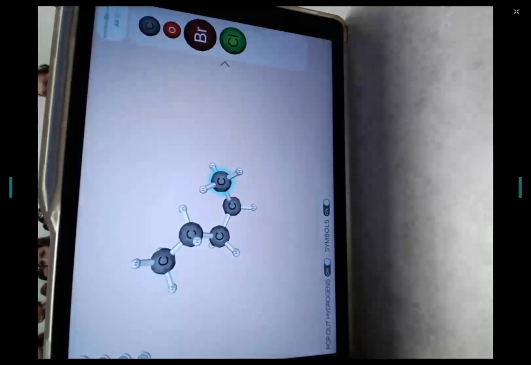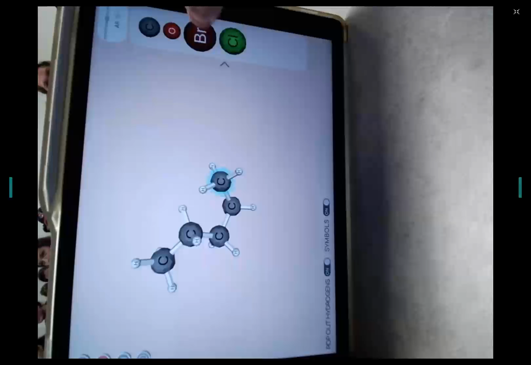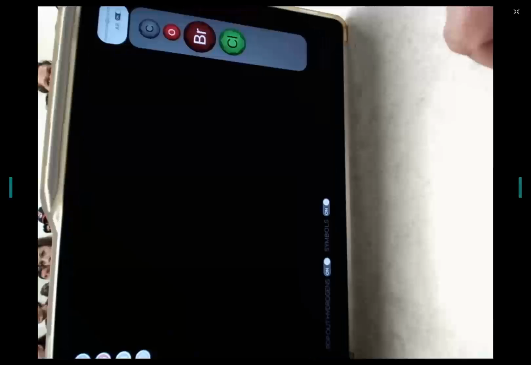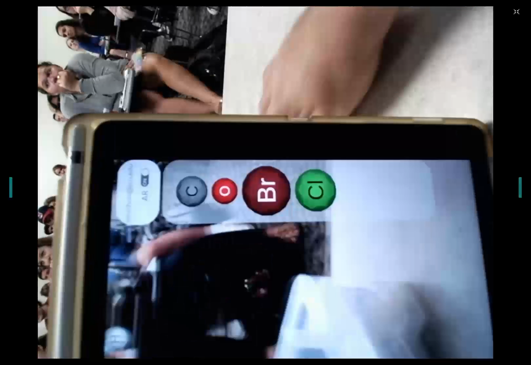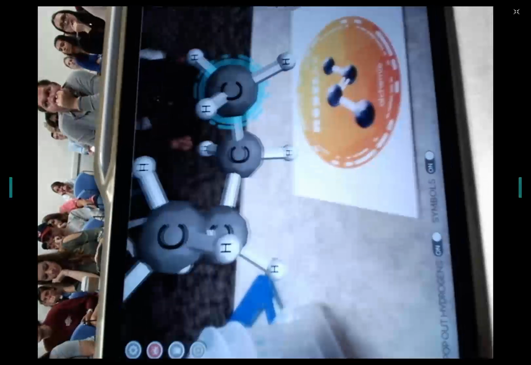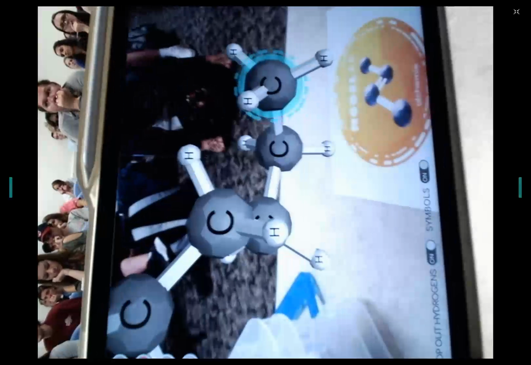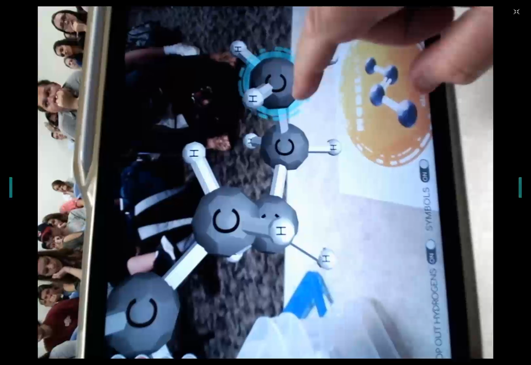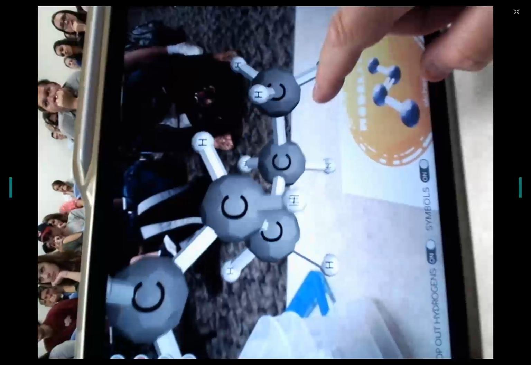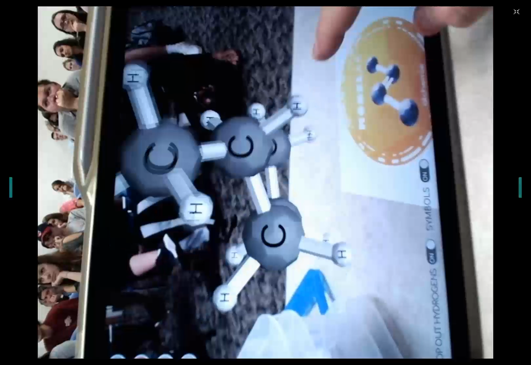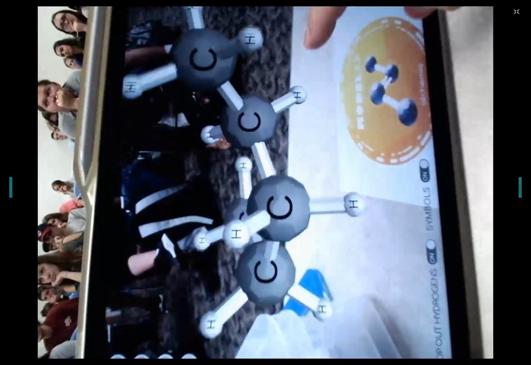You can see that. Now I'm going to put this molecule into Augmented Reality, which is what the AR stands for. With that card, it's now placed my pentane molecule above the card.